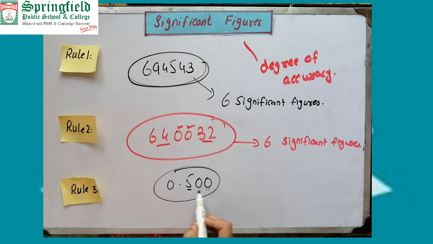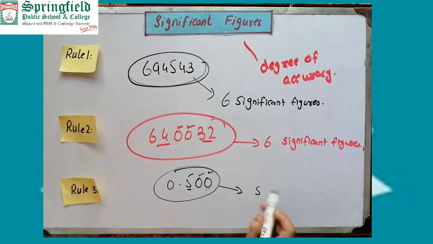They are not asking about before the non-zero digits, only after. It means these two zeros are significant. We will count these two zeros. So 1, 2, 3. So there are 3 significant figures.